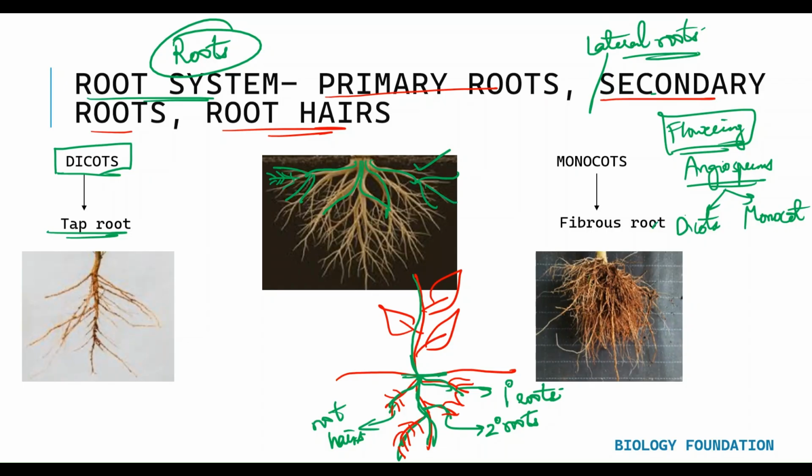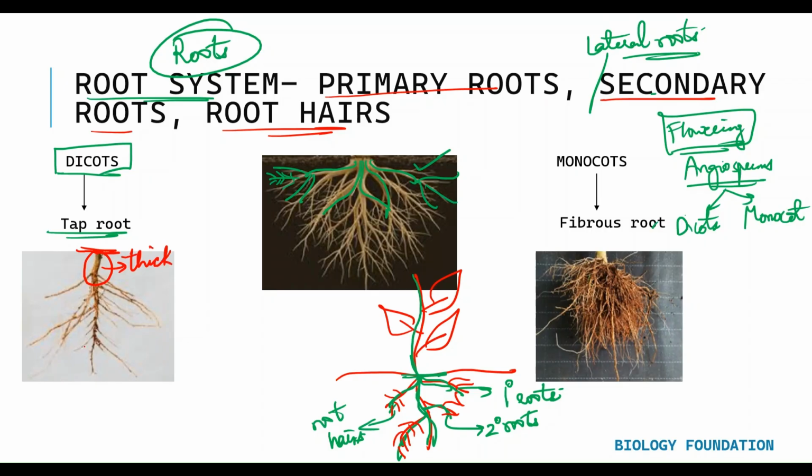Now basically, what are taproots? In a taproot, you have a main root. This is the main root from which lateral roots develop. If you observe carefully in a taproot, the part of the root which develops from the base of the stem is thick.